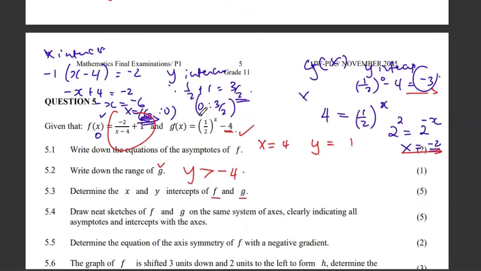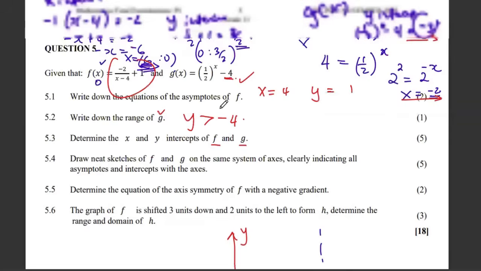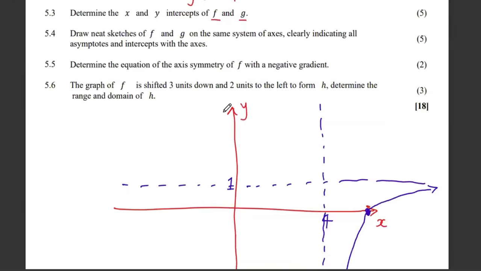The intercepts, we have 6 and 0, which can be somewhere here, meaning that you're going to sketch something of that nature. And then the other one is 0, 3/2. 3/2 is like 1.5, which can be somewhere there. And then we sketch our f.